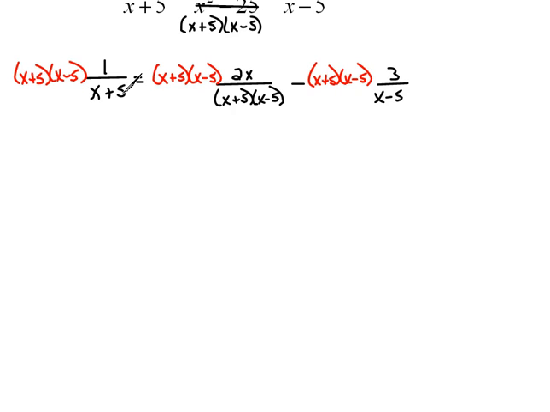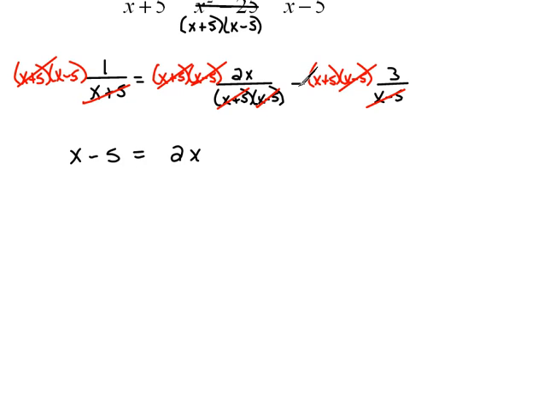Okay, so for our first term here, the x plus 5s will cancel out. So we have x minus 5 times 1, which is x minus 5, equals. For our second term here, the x plus 5s will cancel, and the x minus 5s will cancel. So we have 2x. Now for this last term, the x minus 5s will cancel.